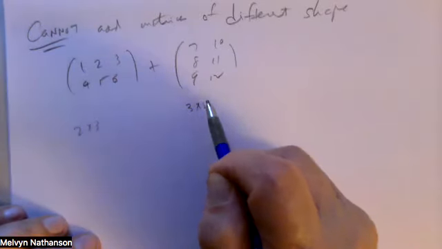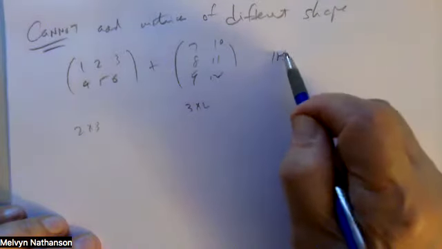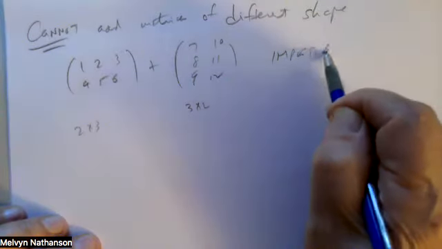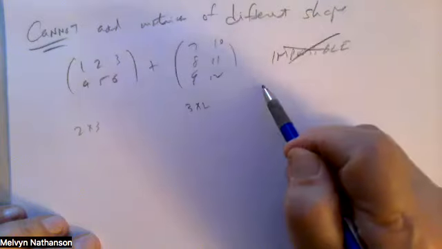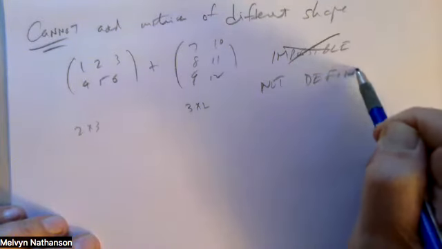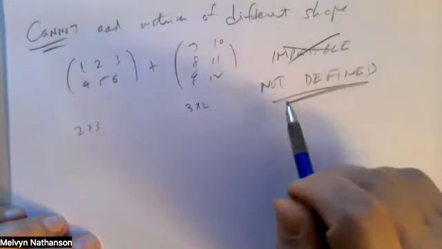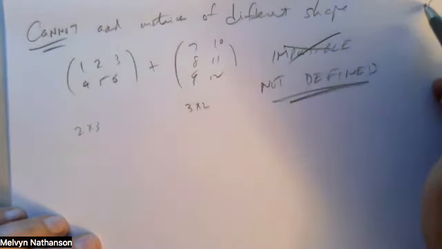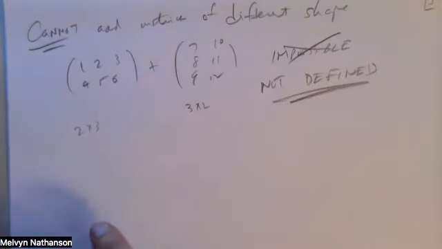This is a 3 by 2 matrix, 3 rows, 2 columns. Impossible. Or at least I should say, not defined. So we do addition of matrices only for matrices of the same number of rows and columns, the same shape or the same size.